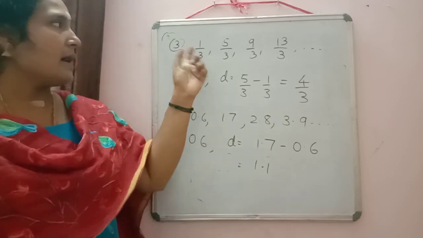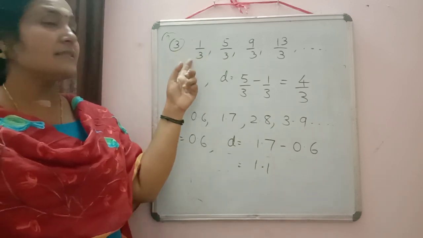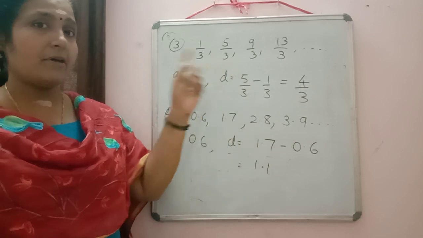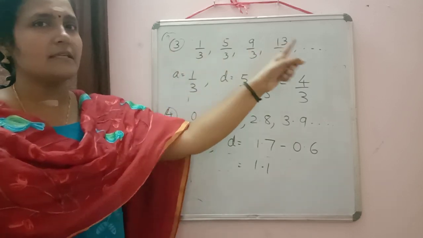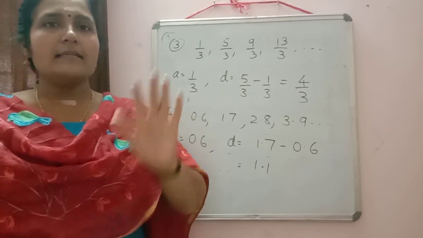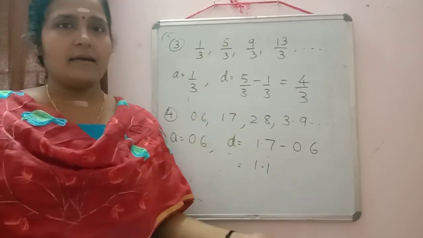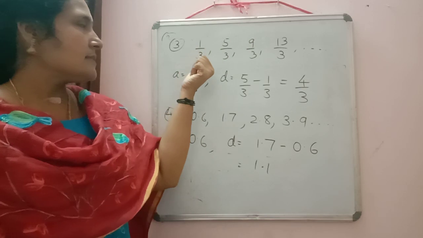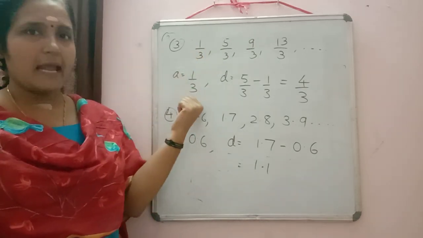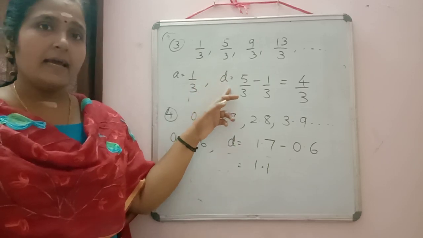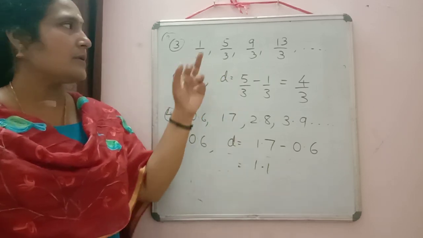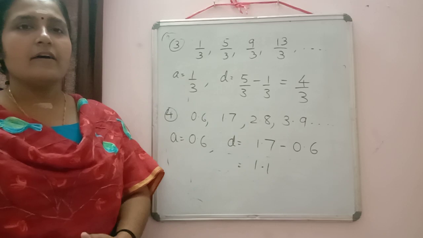Now these numbers, we will not say this is the first number or second number. What we will say? First term, second term, third term, fourth term, in this way. So this is the concept of AP, where the first number is denoted by the letter A and the common difference is denoted by the letter D, and is given by D is equal to second term minus first term.